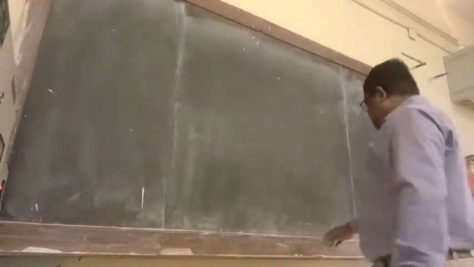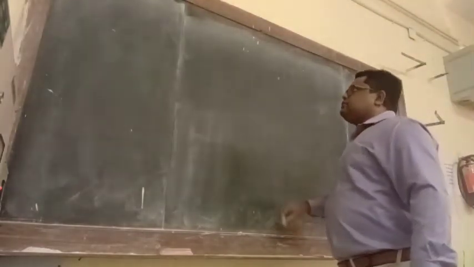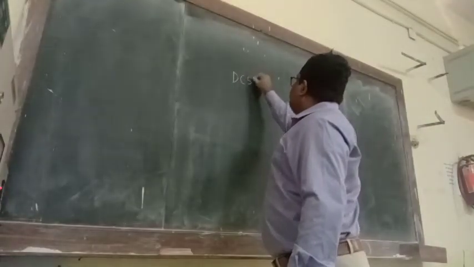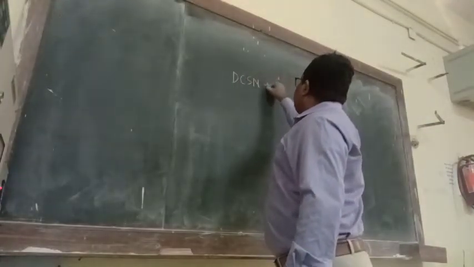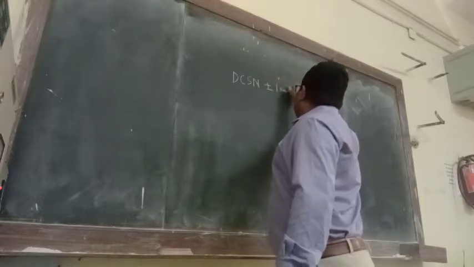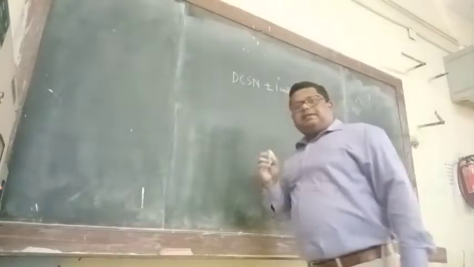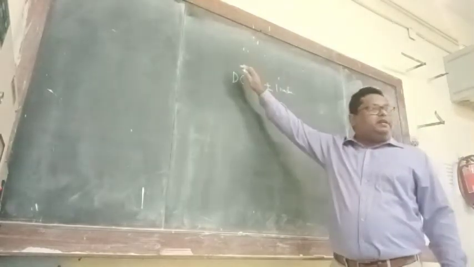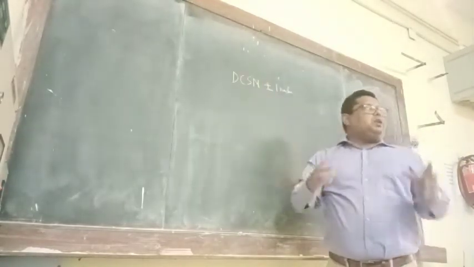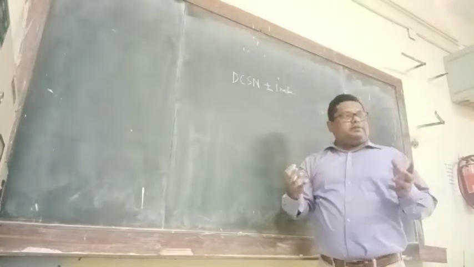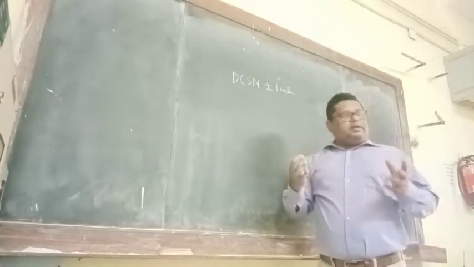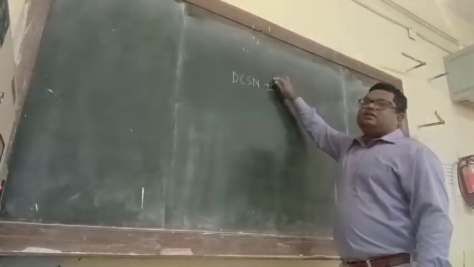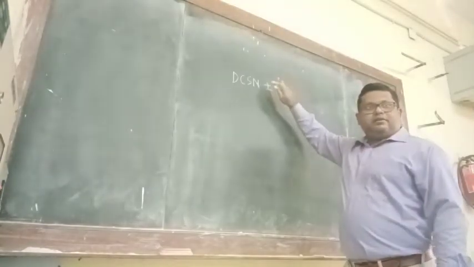Okay, so what I wanted to say is that if we consider the doubly closed shell nucleus plus minus 1 nucleon, then since this doubly closed shell nucleus is a very good inert core, the low energy spectra will be a result of the excitations of the single nucleon over here, right?